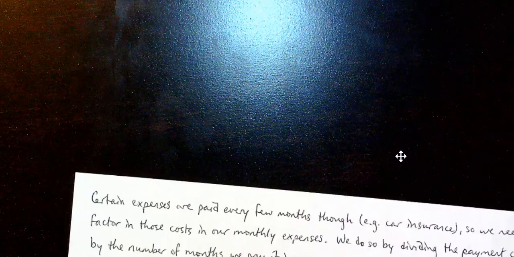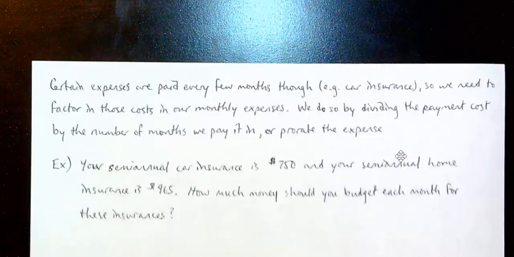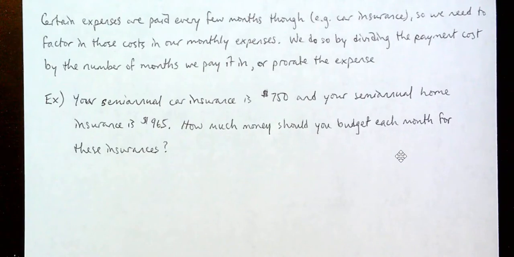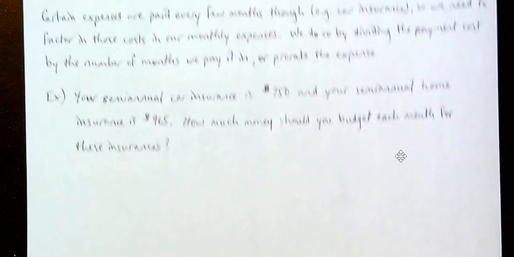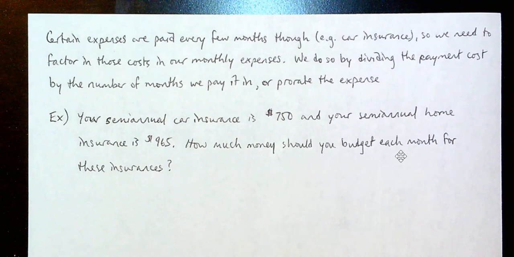Some of them get paid every, say, 3 months or 6 months, or even just every year. Just as a couple quick samples, your car insurance, very common to pay that every 6 months. Homeowners insurance, very common to pay that every 6 months. Some places do it every year. Property taxes, that gets billed every year.